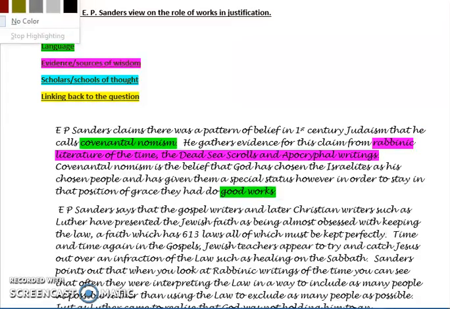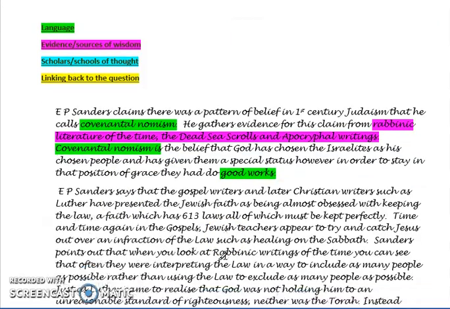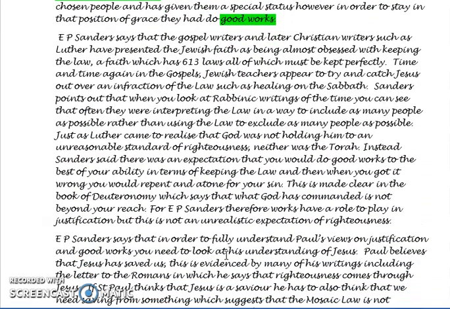So, in terms of key terms, in that very first paragraph, I've spoken about covenantal nomism a few times. So, E P Sanders said that the gospel writers and later writers like Luther have presented the Jewish faith as being obsessed with keeping the law, and it's not a fair depiction of what it was to be Jewish in the first century.